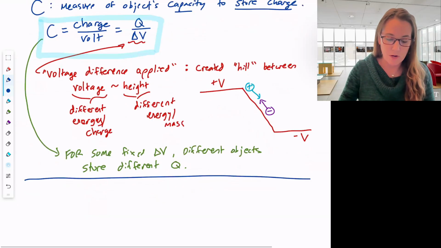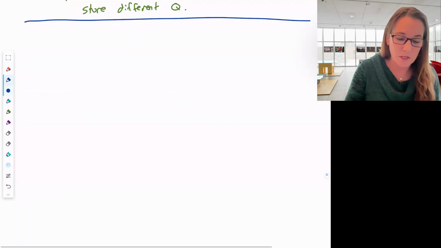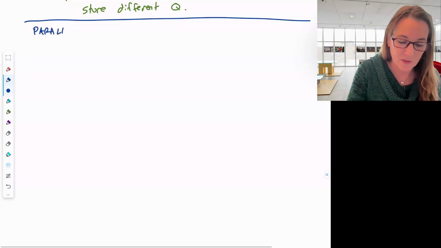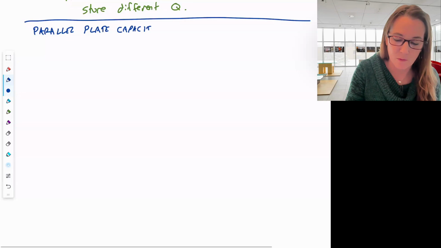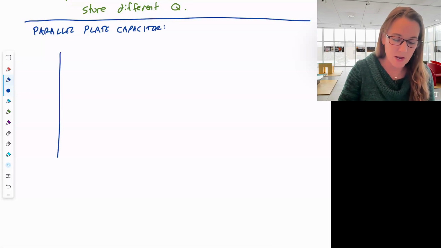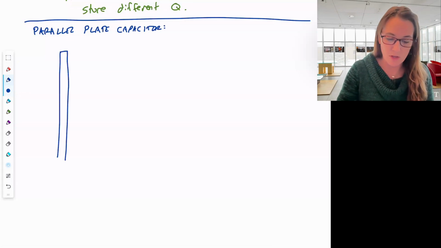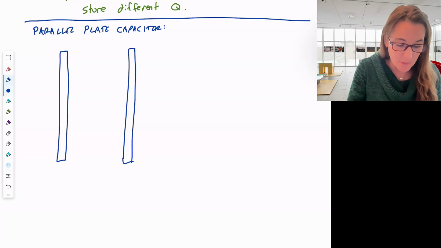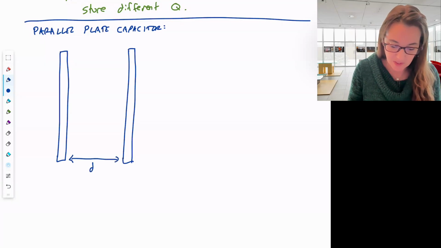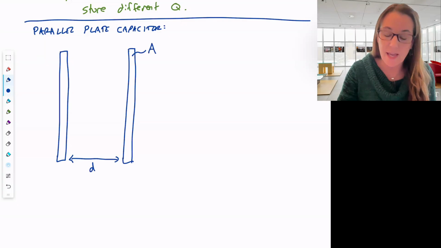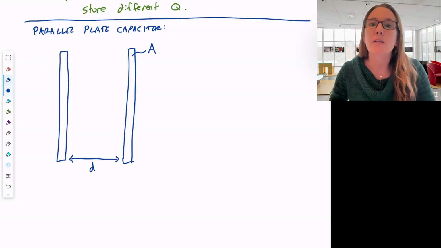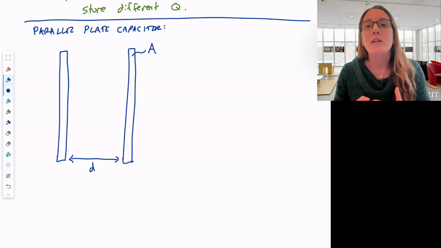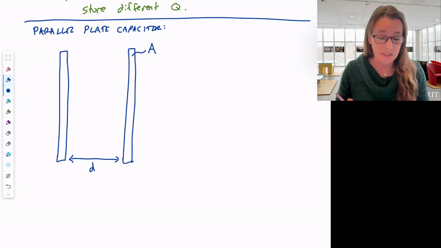So if we come down here, we can look at a parallel plate capacitor. A parallel plate capacitor has a simple geometry: two parallel plates, as the name implies, separated by some distance d, and they each have some area A. Now, in order to calculate the capacitance equation, we do want to assume infinite plates.